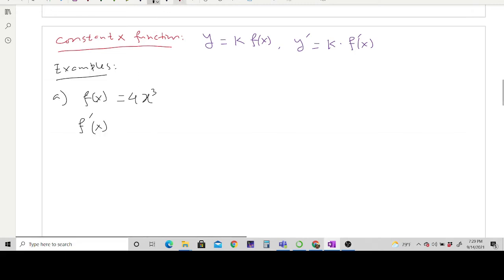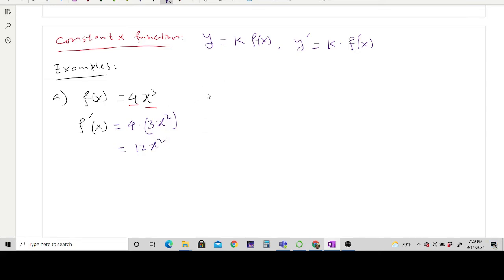Here you have a constant 4 times a function x raised to the power 3. So this equals, you put 4 aside times the derivative of x cubed. Now you apply the power rule: 3 times x to the 3 minus 1, which is 2. If we simplify this, it equals 12x squared.